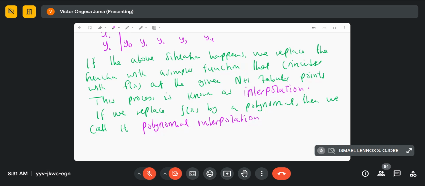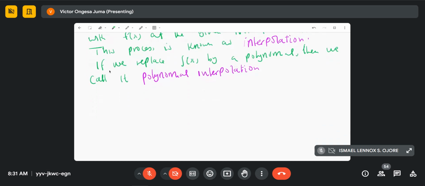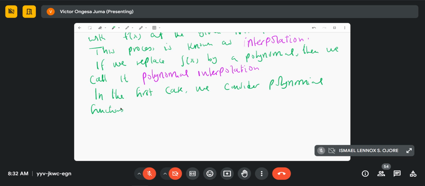So in the first case, we consider polynomial functions where the tabular points x0, x1, x2, until xn are equally spaced.